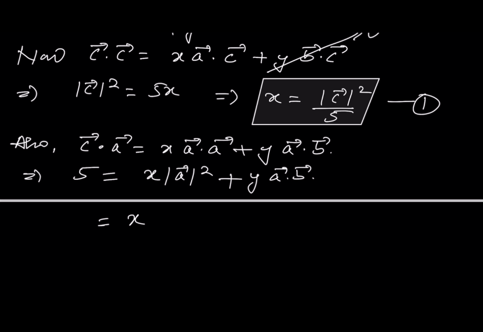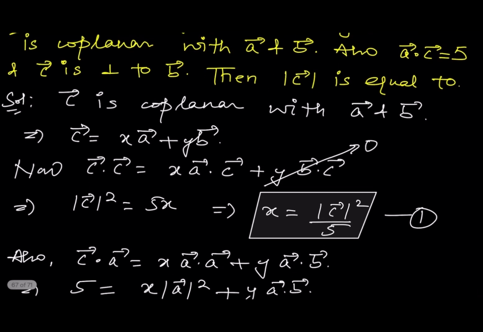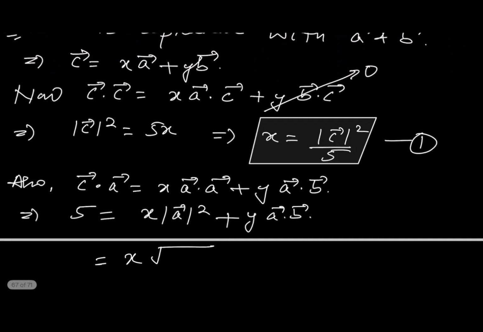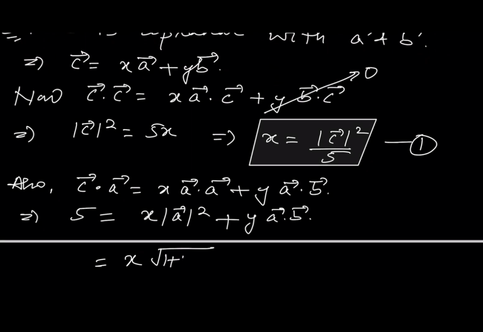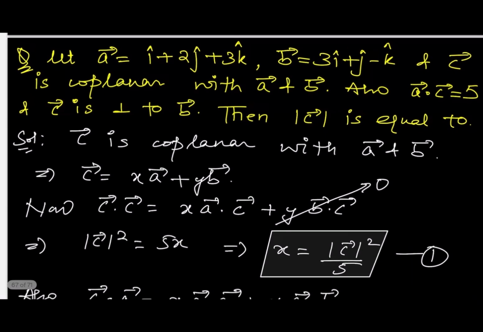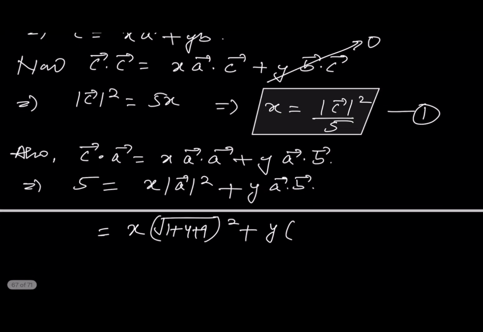Because A vector is given, mod A will be root over 1 square plus 2 square plus 3 square, meaning 1 plus 4 plus 9, whole square, plus y times A dot B, which is 1 into 3 plus 2 into 1 minus 3 into 1. So 3 plus 2 minus 3. Okay, this is 5.